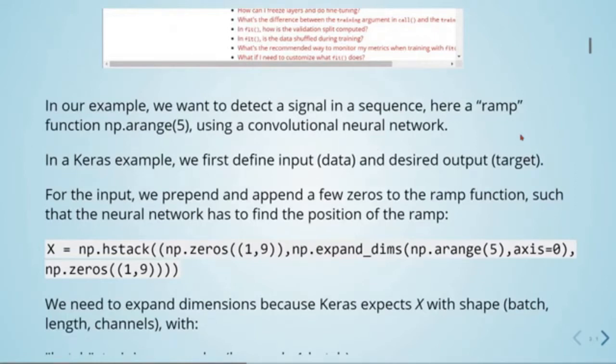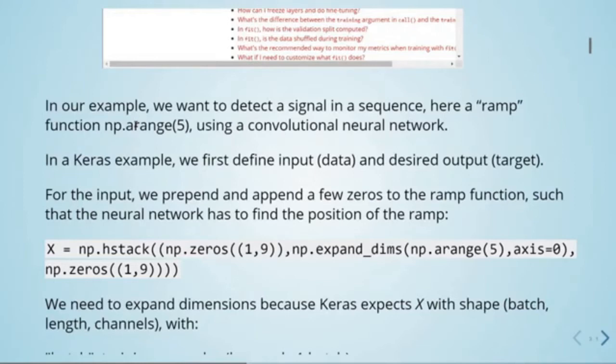In our example, we want to detect a signal in a sequence. In this case, we want to detect a ramp that is produced by this Python function here. We want to use a convolutional neural network to detect this ramp. So in a Keras example, first we will define our input data and our desired output.